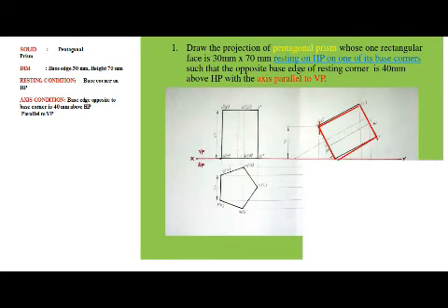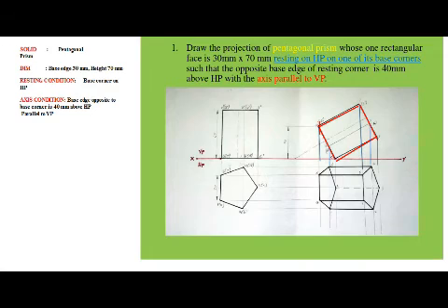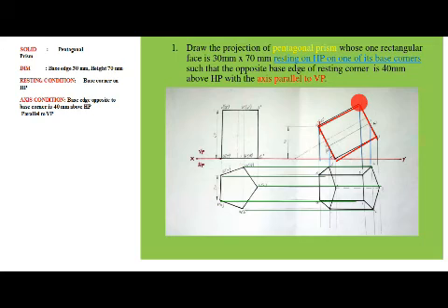according to the given dimension. Now from all the corners, draw a vertical line. This vertical line should be perpendicular to the reference line. Similarly, draw the horizontal line from the first stage top view. Make sure that this horizontal line is parallel to the reference line. See here, intersection of 1 dash and 1, you will get the point 1 here.